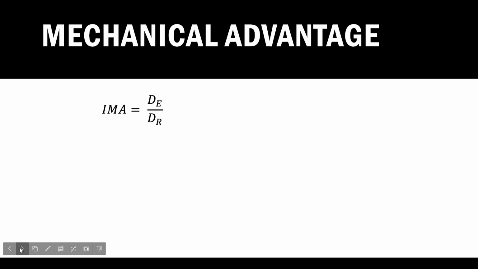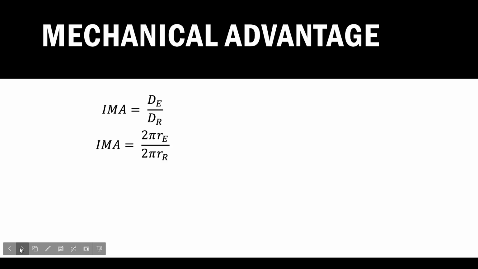It's ideal, in a perfect world. If we take the formulas we talked about a couple slides ago, knowing that the effort distance is a circumference and the resistance distance is also a circumference, we can fill in this formula. So 2 pi r, and I put resistance radius on the bottom and effort radius on the top. Well, what happens? We talked about this last week.